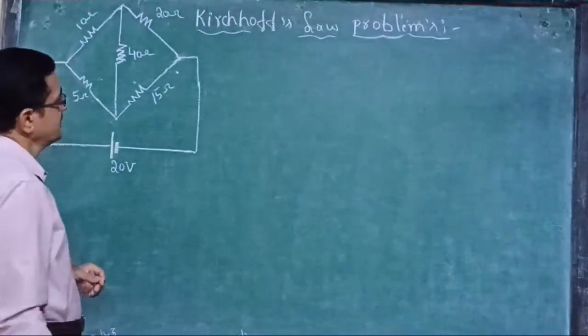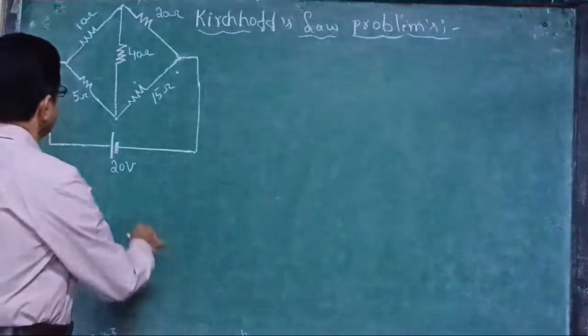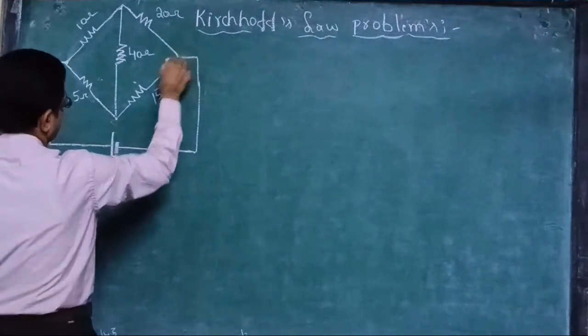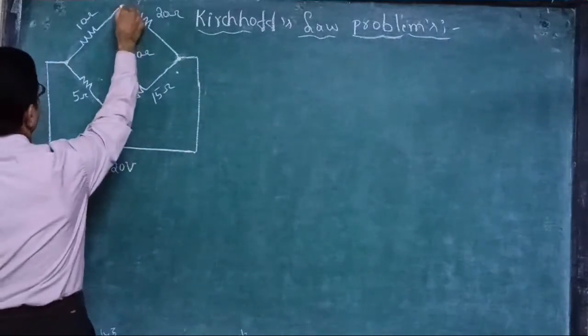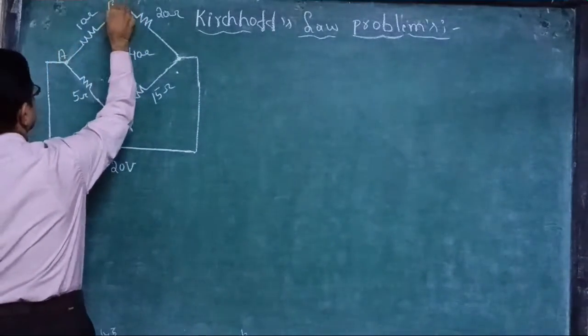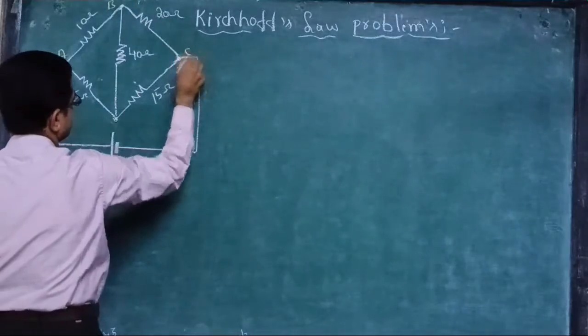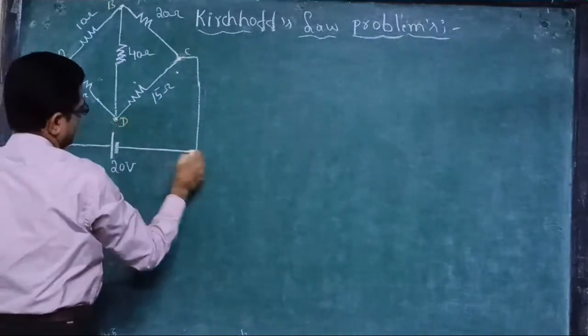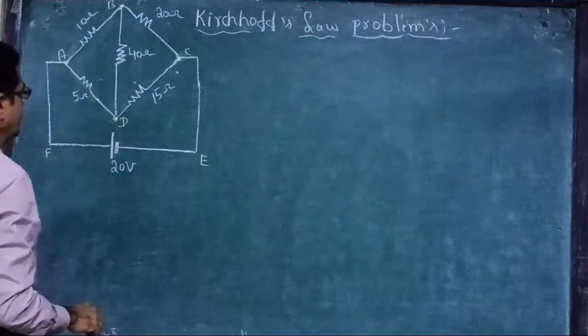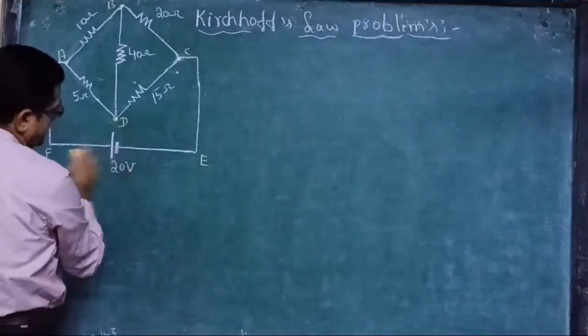Before we solve these problems, first we denote the points or junctions. Here this is junction A, this is B, this is C, this is D, E, F. Next, current direction.